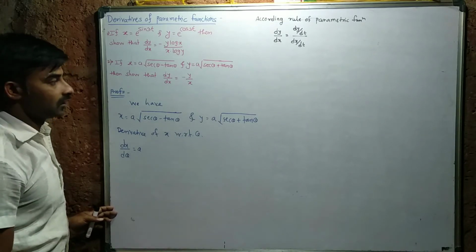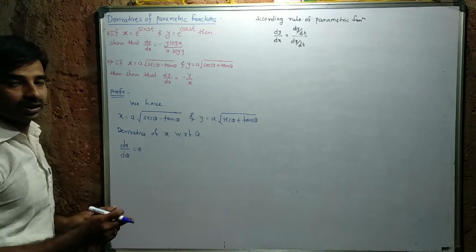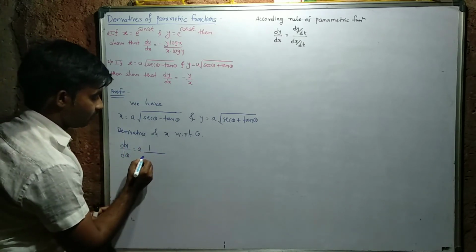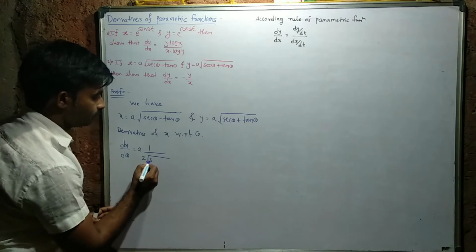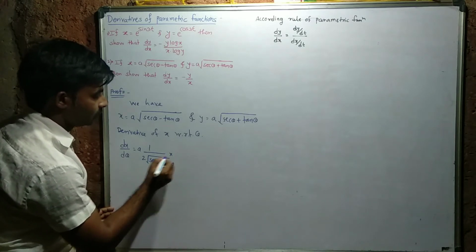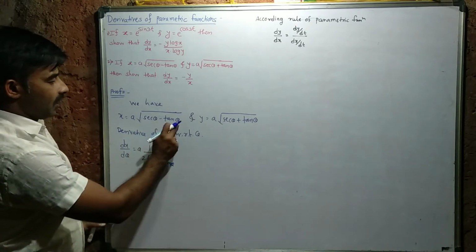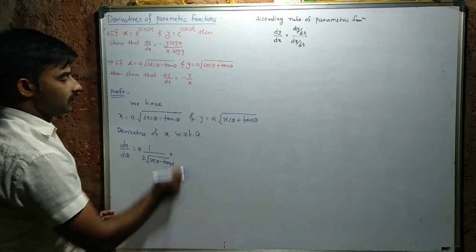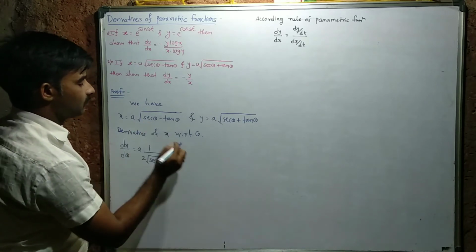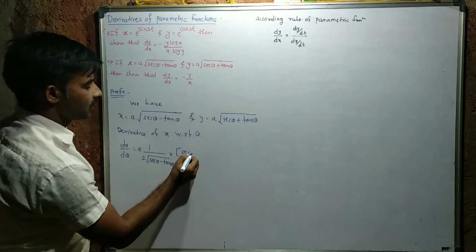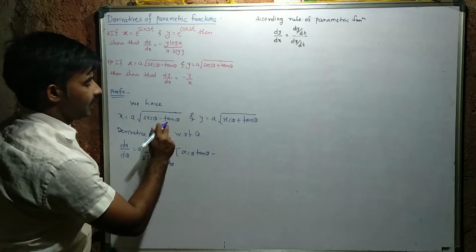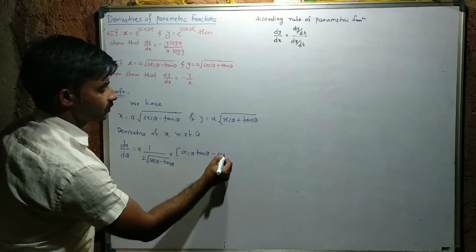What is the derivative of square root? The derivative of square root is nothing but 1 divided by 2 root, and therefore 1 divided by 2 into root of sec theta minus tan theta into the derivative of that, that means sec theta into tan theta minus sec square theta. Sec theta has the derivative sec theta into tan theta, and tan theta has the derivative sec square theta.